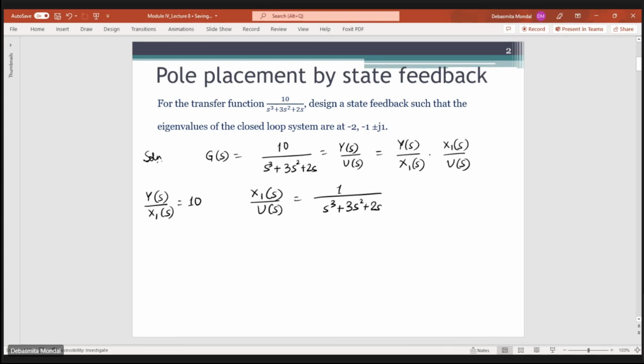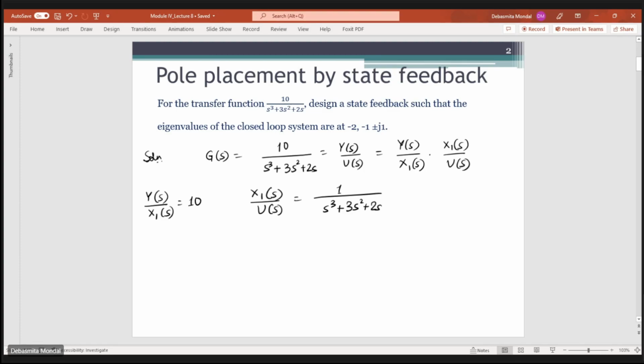From this you can write the Laplace form and then take the inverse Laplace transform, and you will end up with a third order differential equation, because the order of this equation is 3.